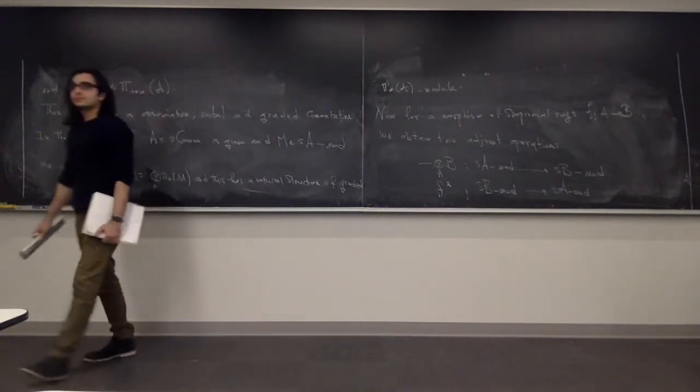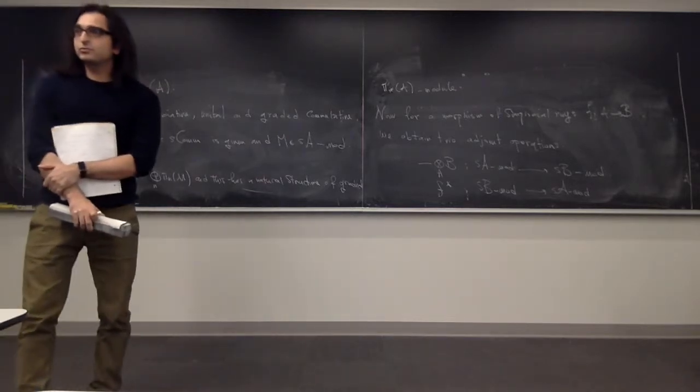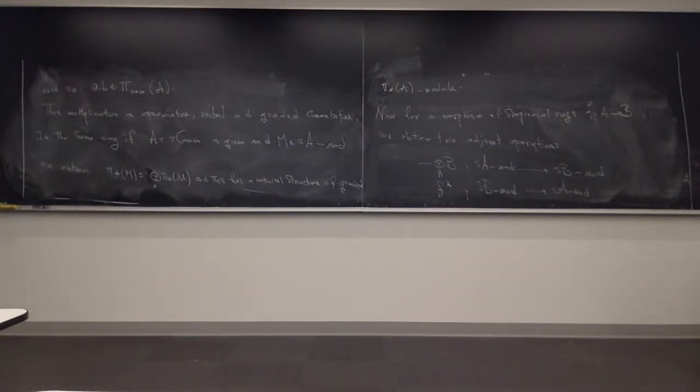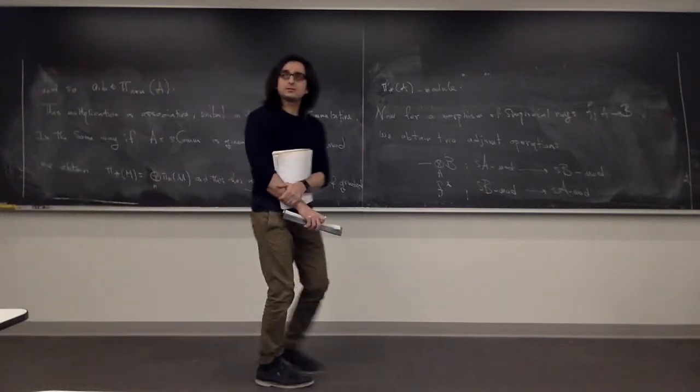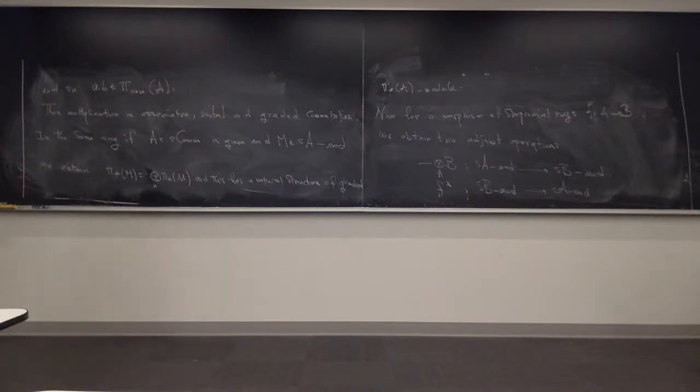But what is the topological model of a simplicial ring? In what sense? What do you mean by this question? Can I think of A as a topological space? Definitely you can do it, yes.